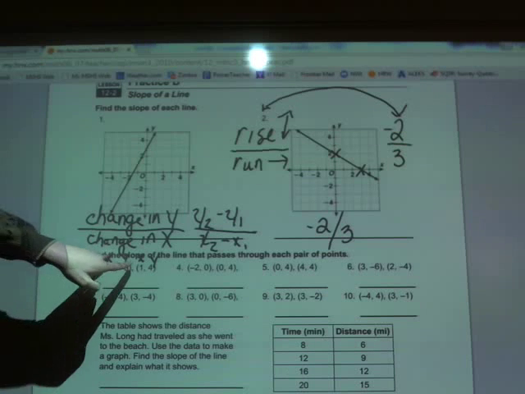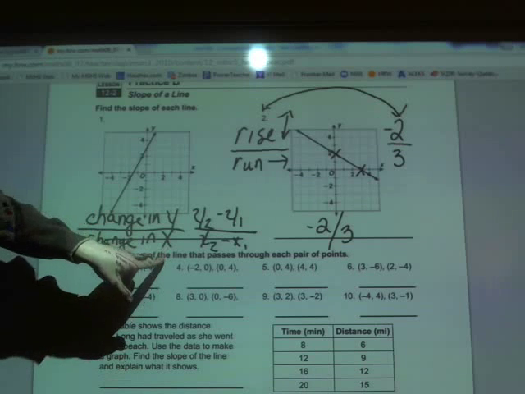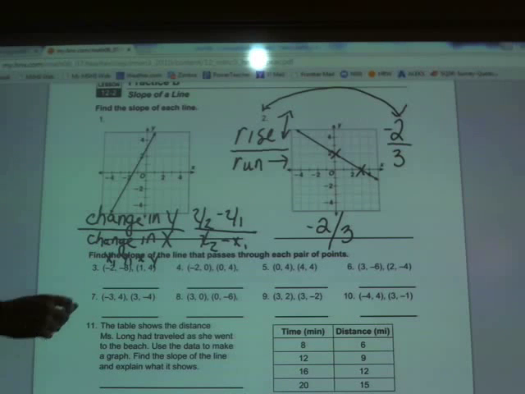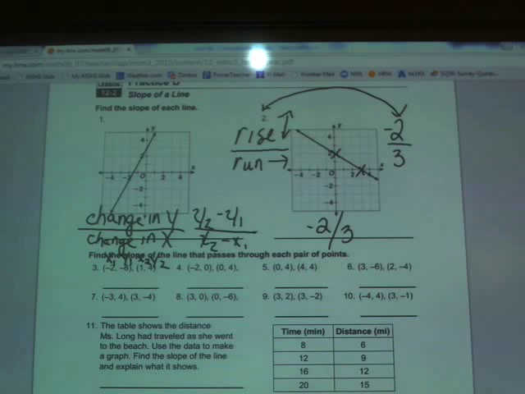This is my first set of numbers, so they get the 1s. This is my second set of numbers, so they get the 2s. Now that we've labeled everything, it's just a matter of putting them into the formula to find the slope. If you don't like the formula, the other option is to graph each set of points and count it out. That's probably going to take you more time, but you can do that.